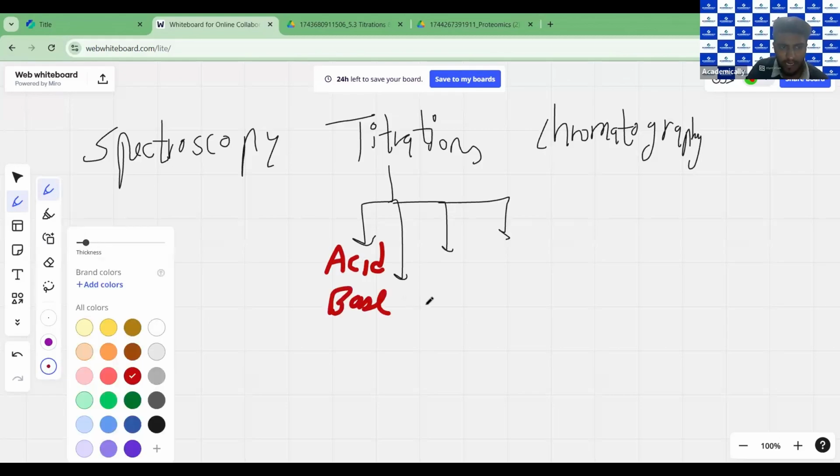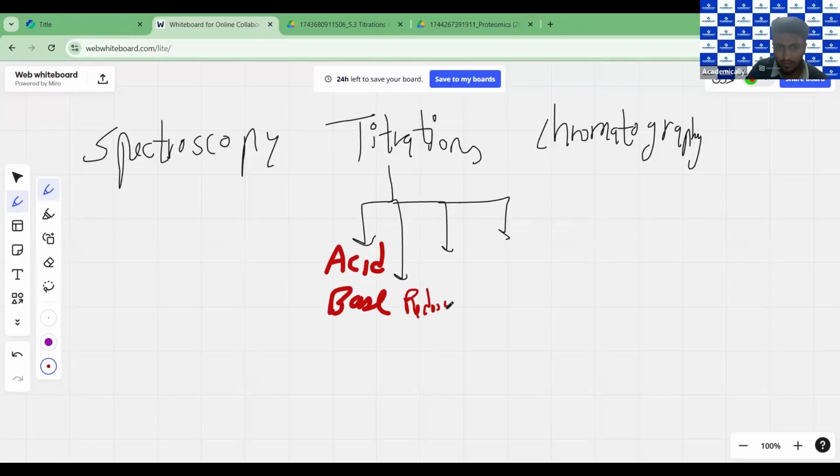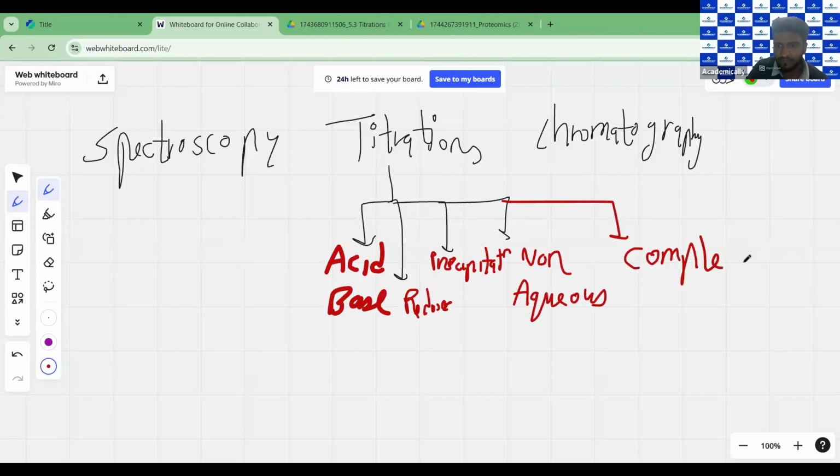Okay, redox. Then we have covered the precipitation, non-aqueous, and complexometry. Correct? The major 5 categories of titration that you must cover.